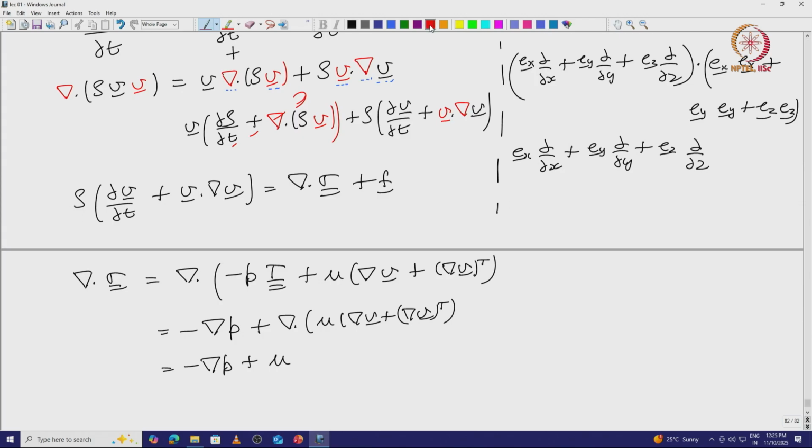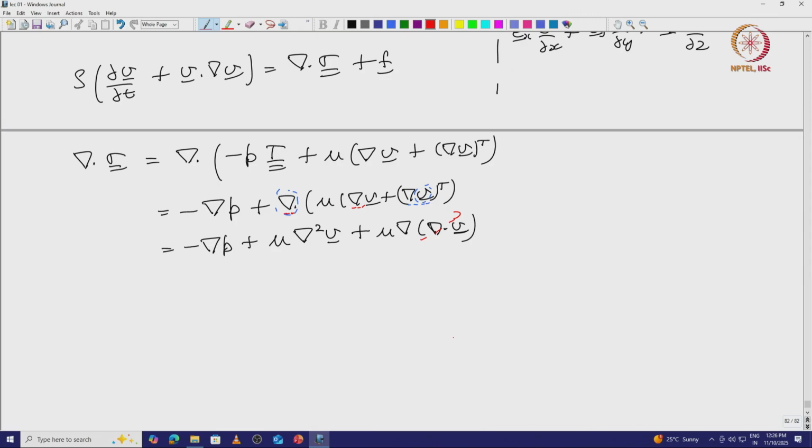Note that in this term the dot product is between the gradient and the gradient, so I get del square V. For the transpose of the velocity gradient, I have to interchange the row and column, which means the dot product is between the gradient and the velocity. So I get mu grad of del dot V, and this is 0 for an incompressible fluid. Divergence of velocity is 0 for an incompressible fluid.